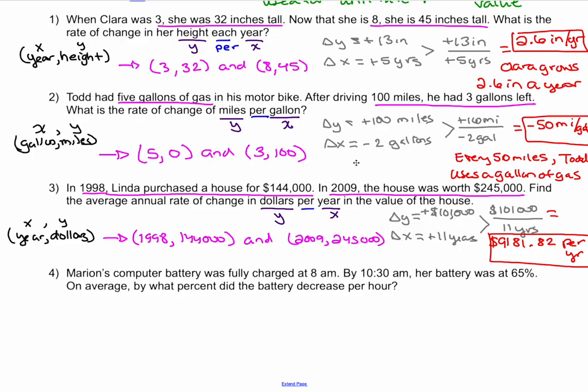What this also means in context, the annual rate of change, is that every year the house increases $9,181.82 in value.